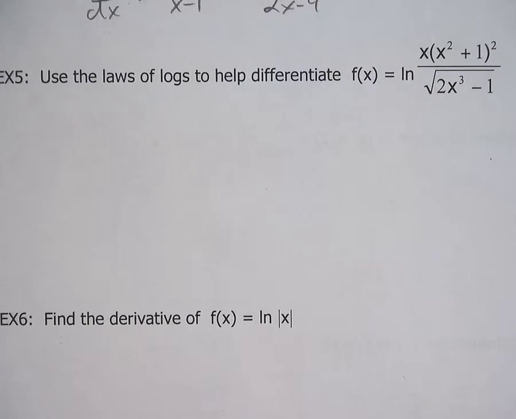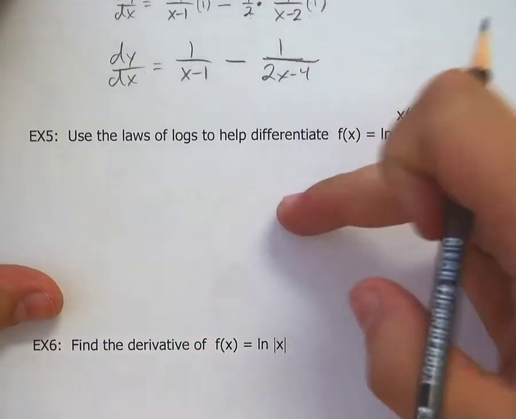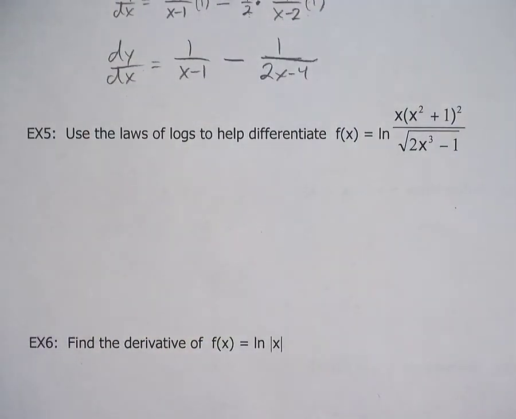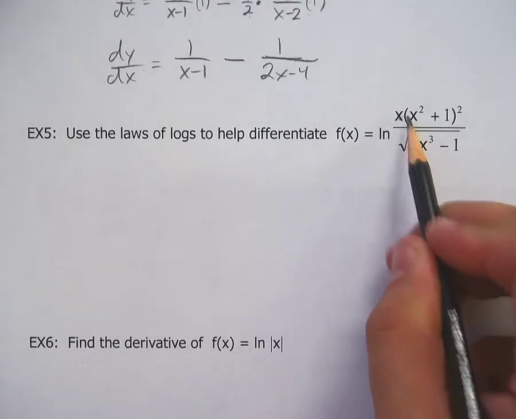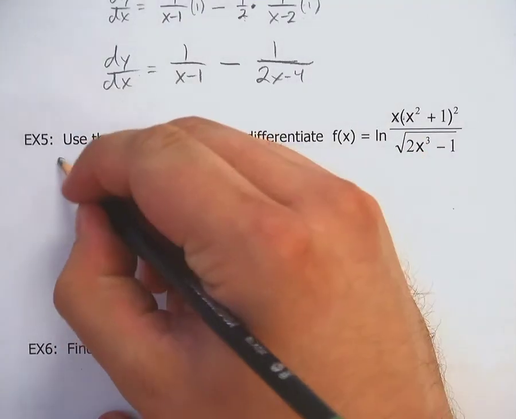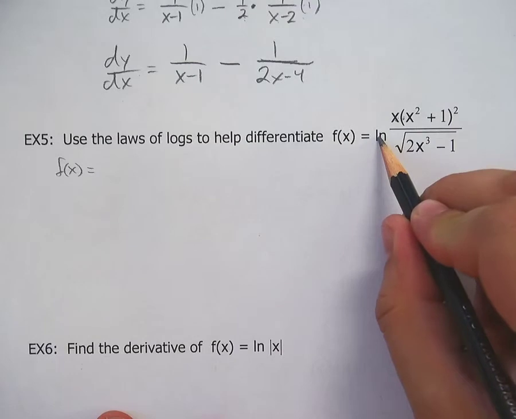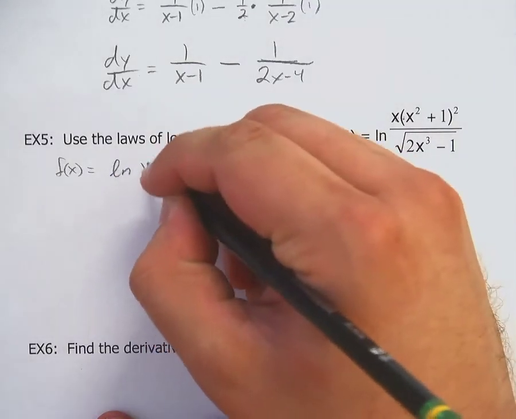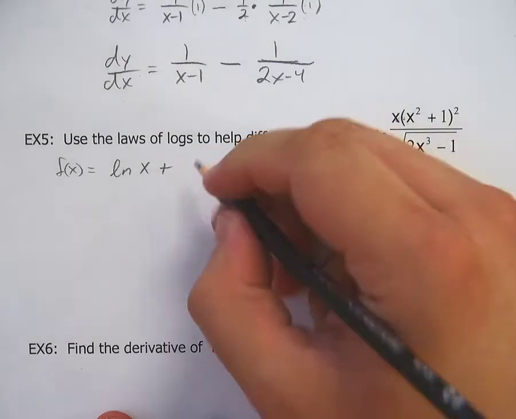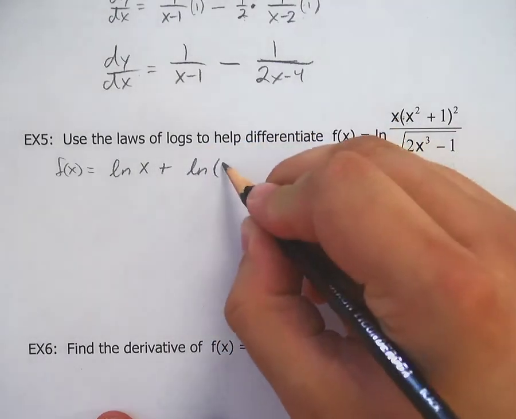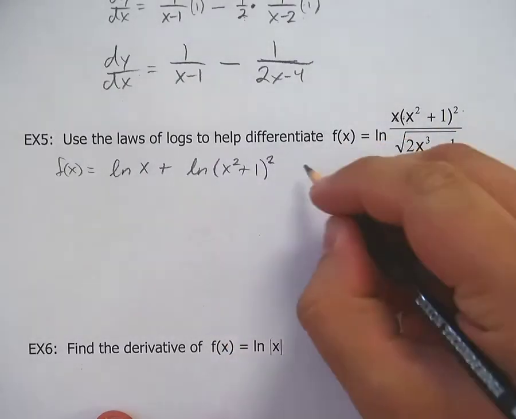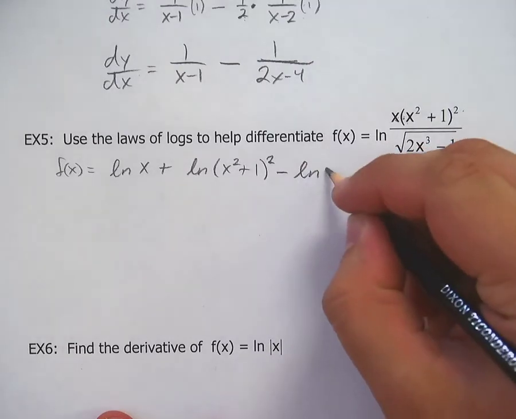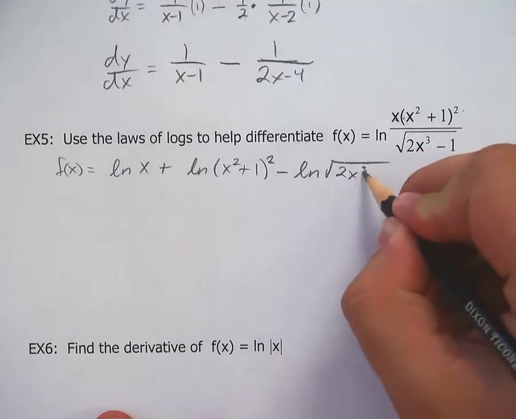This one here says use the law of logs to help differentiate. So same thing I did up here, just now they're telling me to do it. So I'm going to split this thing up. First, I'm multiplying right here, so there will be an addition. I'm dividing here, so there will be a subtraction. So let's write this out here. F of x is the natural log of x plus the natural log of x squared plus 1 squared, minus the natural log of the square root of 2x cubed minus 1.